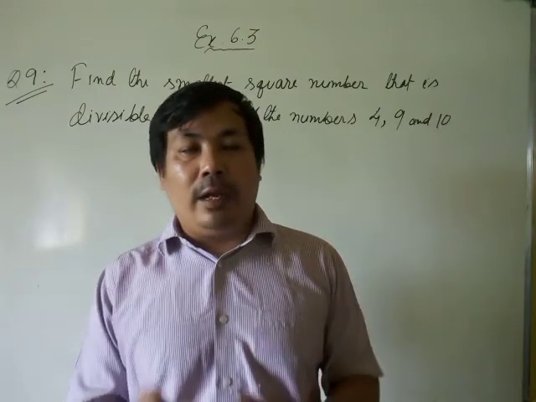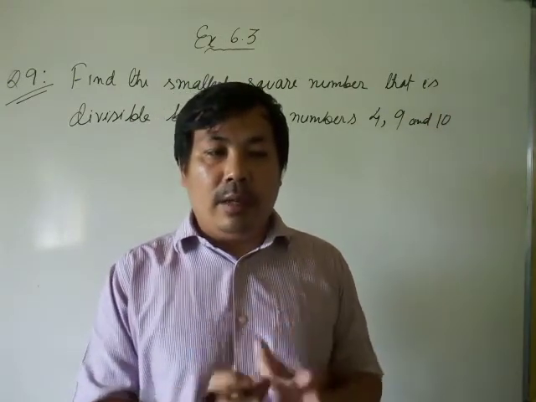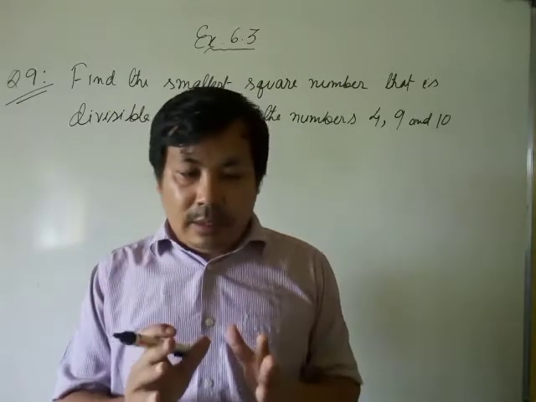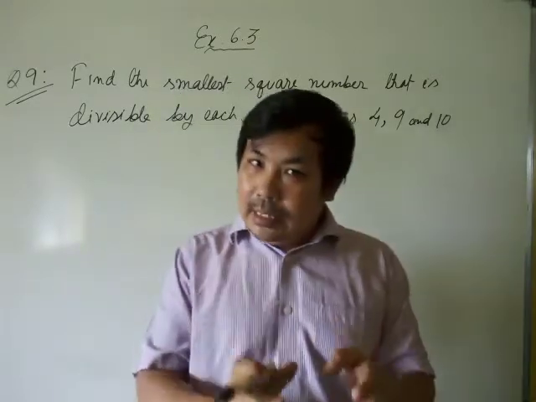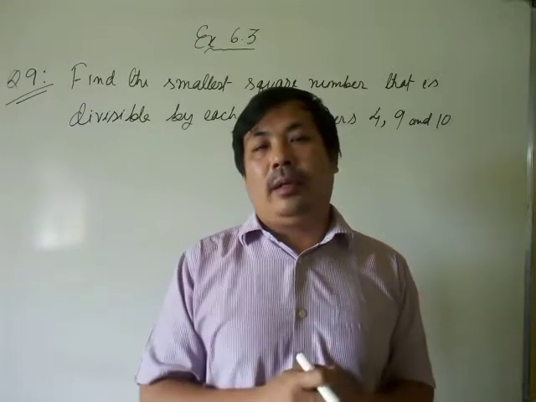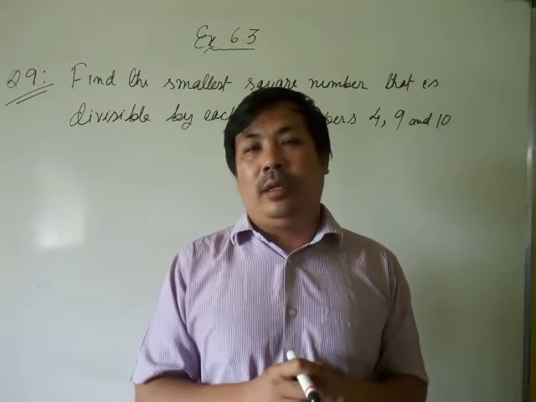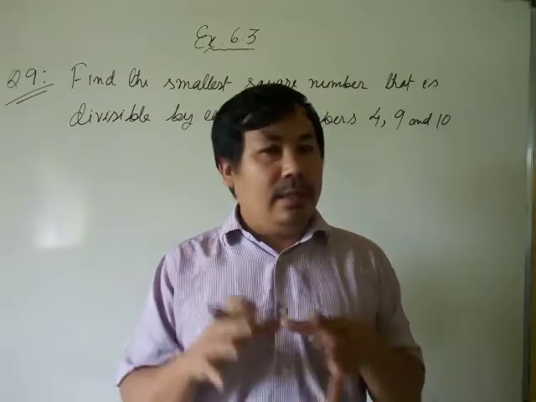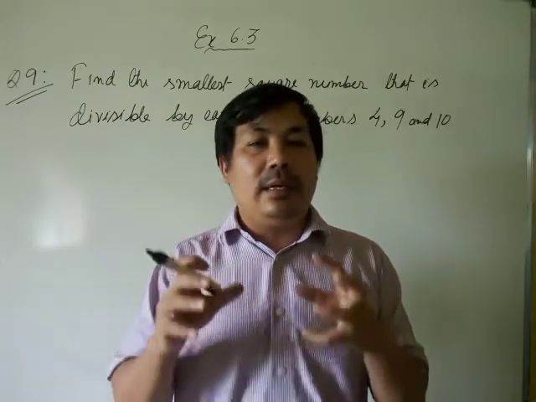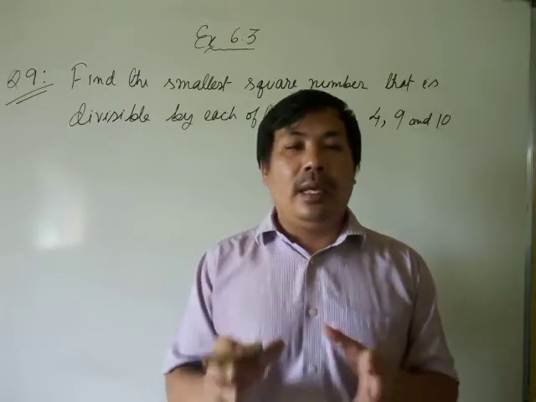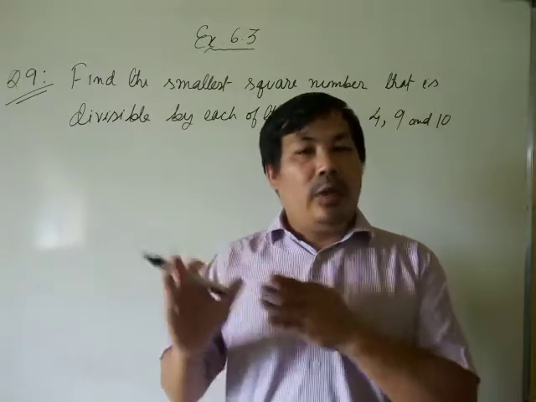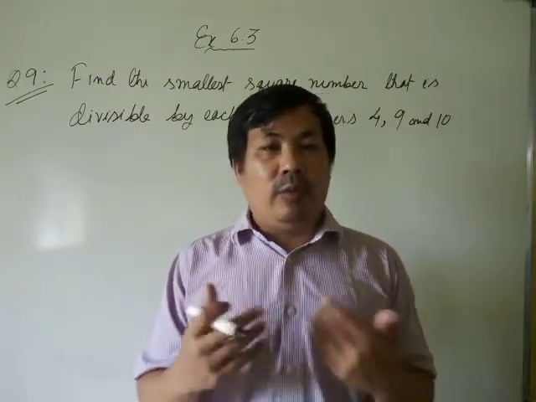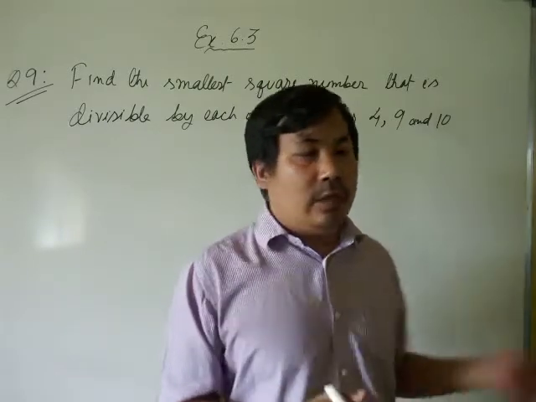But we have to find the common multiple of these 3 that is a perfect square, and that should be the smallest one. So the LCM may not be a square, but we have to make it a square, isn't it? How we make the number a square, we have done in question number 5, isn't it? So like that we have to do. So let us take the LCM of these 3 numbers now.